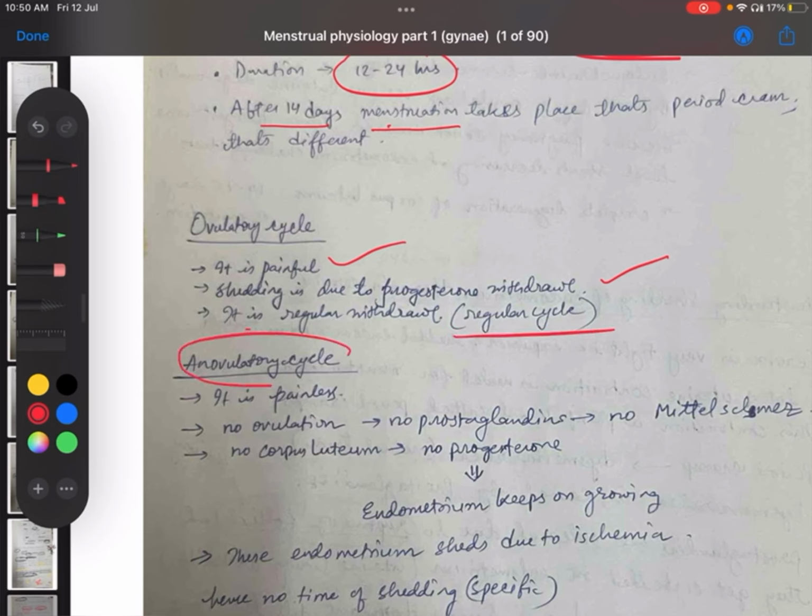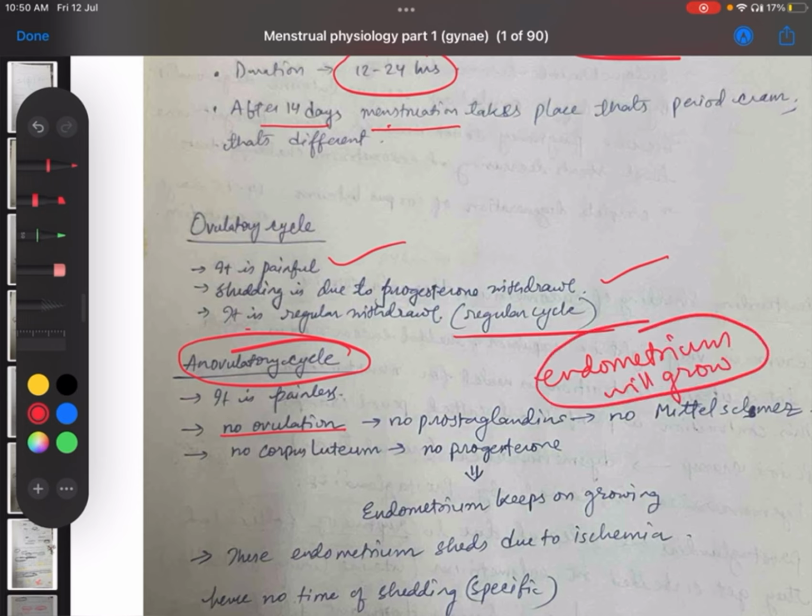But anovulatory cycle, what is an anovulatory cycle? Anovulatory cycle is where no ovulation takes place. Since no ovulation takes place, the endometrium will grow. Why? Because it is in the follicular phase. So basically, estrogen is supplied continuously.